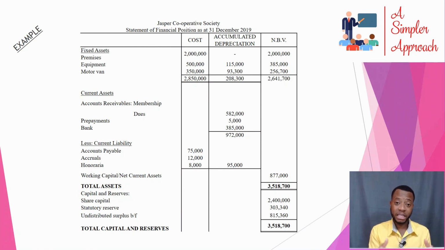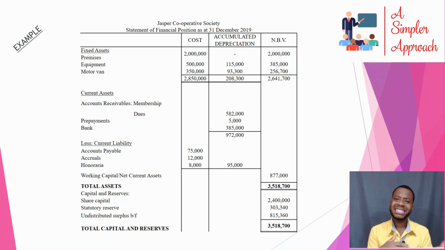Now, for capital and reserves, as we spoke of before when we were laying the foundation, the concept of the statement of financial position for cooperatives and limited liability companies, the structure is pretty much the same. The difference lies in the capital and reserves section.